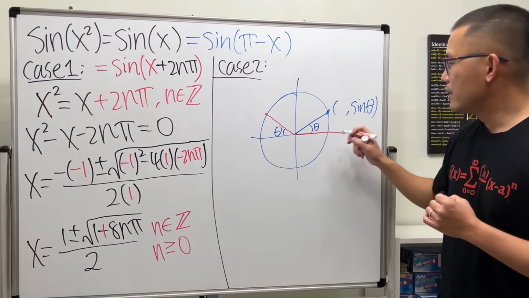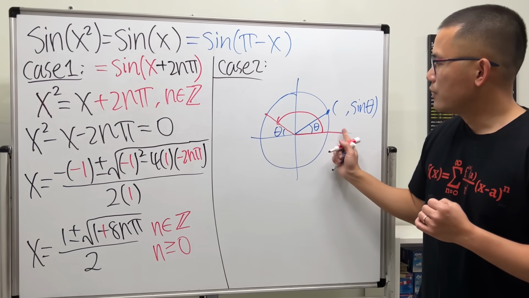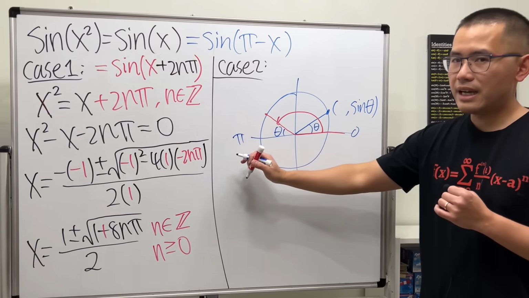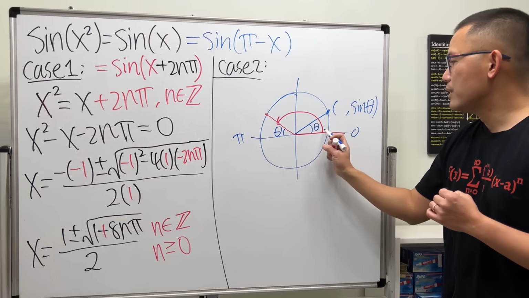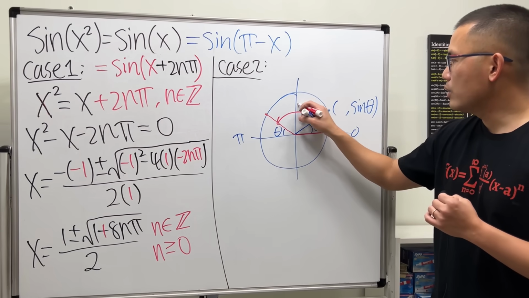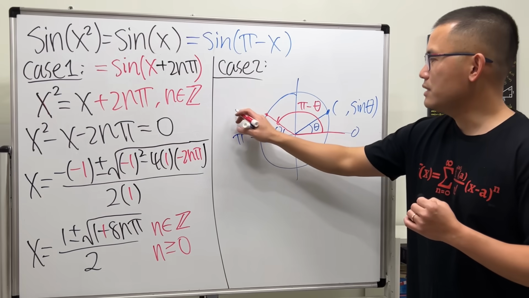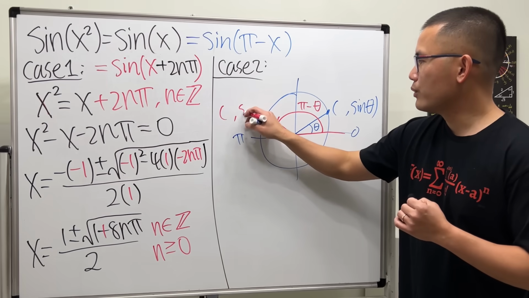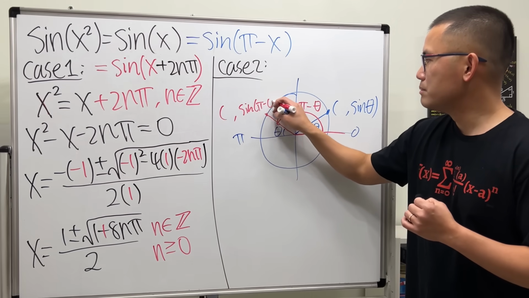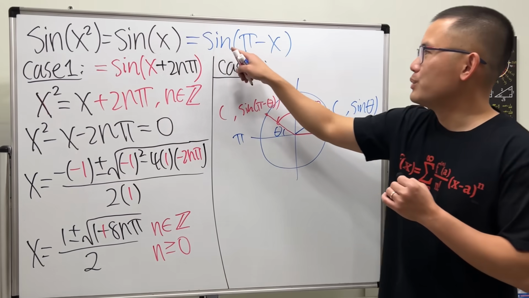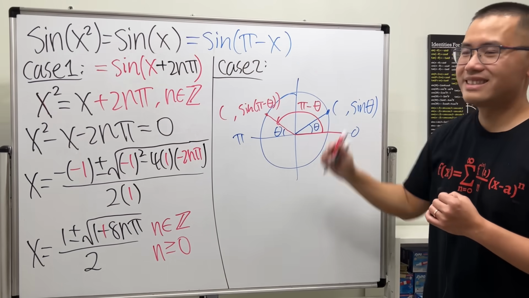So from here all the way to here, it will be pi, right? 0 and pi. This is theta already. So this red angle will just be pi minus theta. So for this point here, we will have the y value sine of pi minus theta. So sine of x is equal to sine of pi minus x.